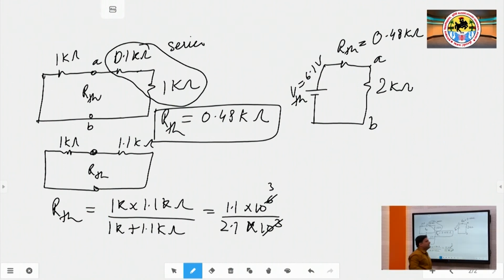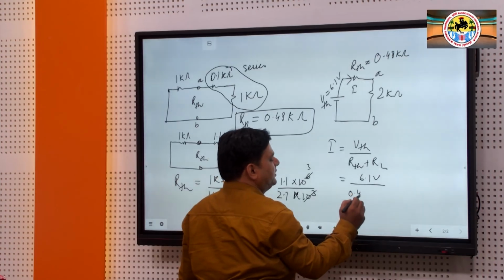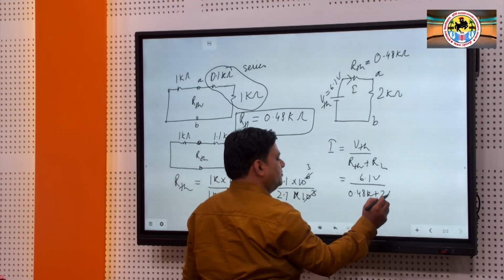So, if we find the current through 2 kilo ohm, now you can see that the circuit is simplified using one voltage source and one resistance RTH in series, connected across the load. So, to find the total current through 2 kilo ohm, the formula is VTH upon RTH plus RL. So, VTH is 6.1 volt upon 0.48 kilo ohm plus 2 kilo ohm.